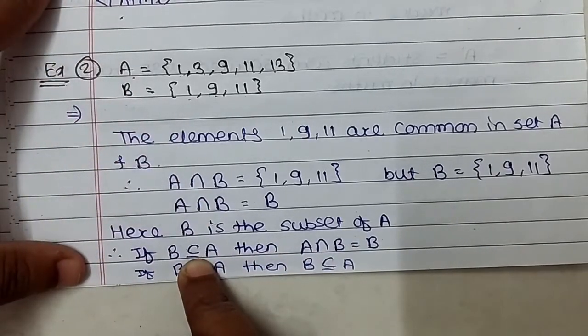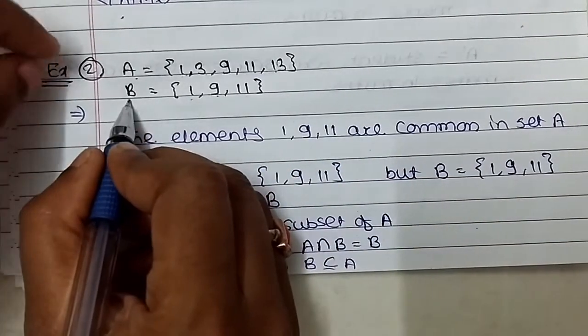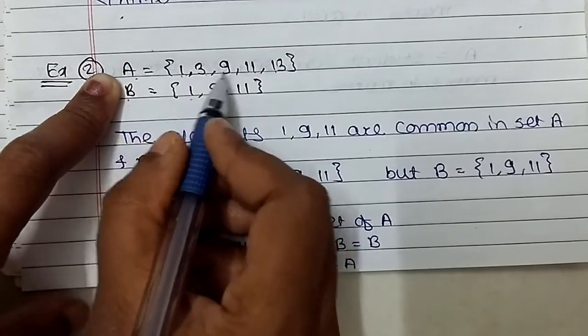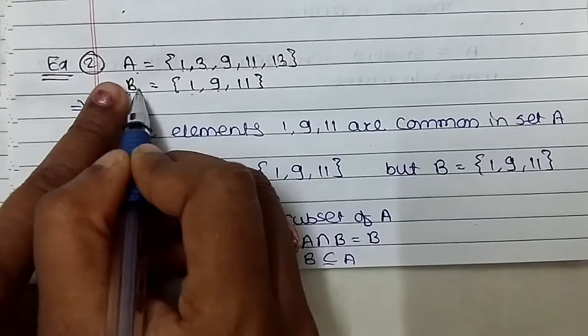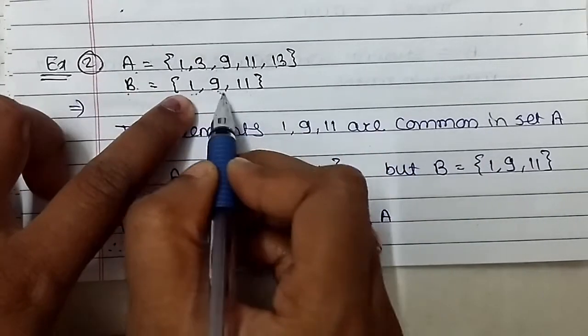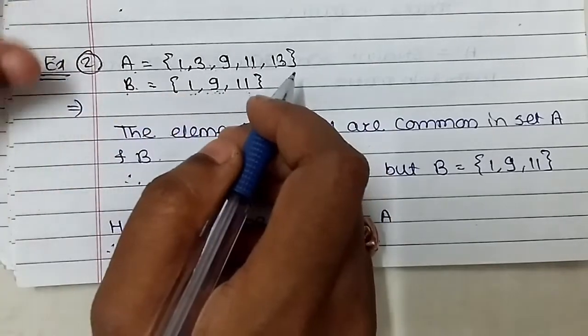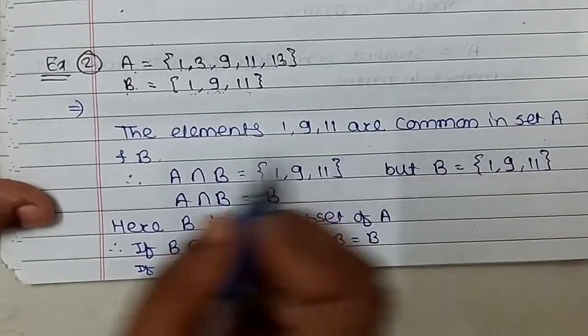Okay? Clear? We will understand once again. There are two sets given here. Set A contains elements 1, 3, 9, 11, 13. And set B contains elements 1, 9 and 11. So just observe here, all elements of set B are present in set A. Clear? So the elements 1, 9, 11 are common in set A and B.